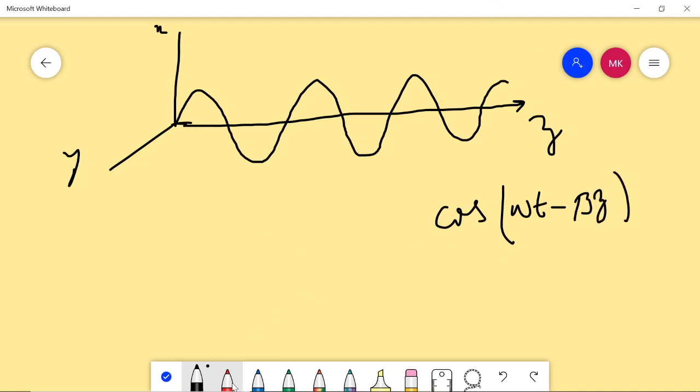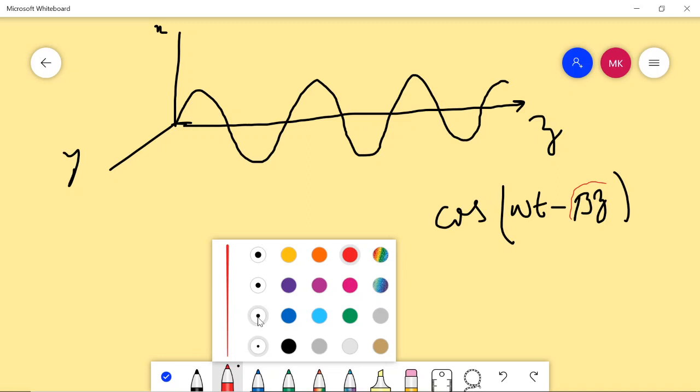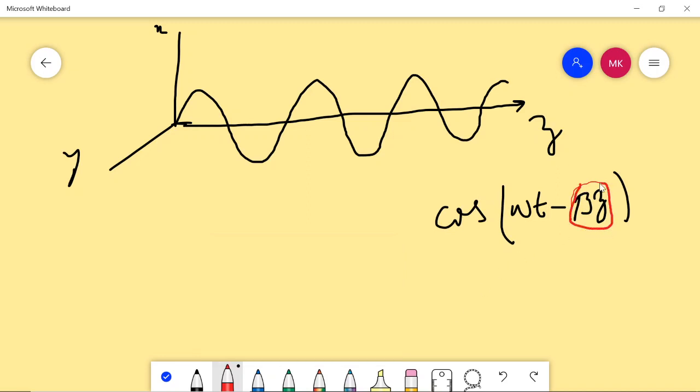So here this beta z will give you the phase for a particular time. How to find the phase? For example, this is a wave propagating in z direction.